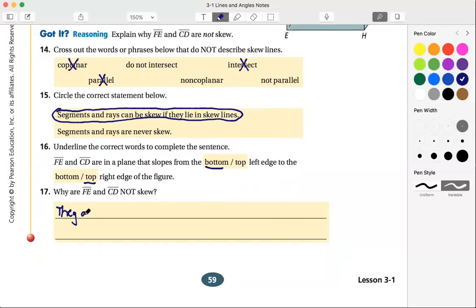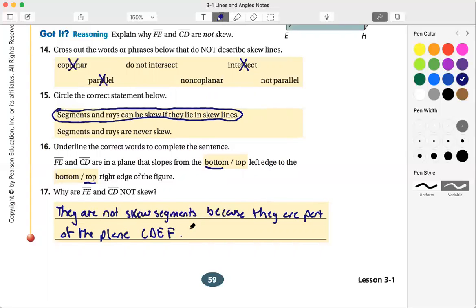They are not skew segments because they are part of the plane CDEF. Therefore, they are coplanar.